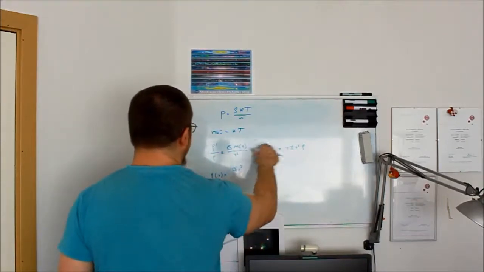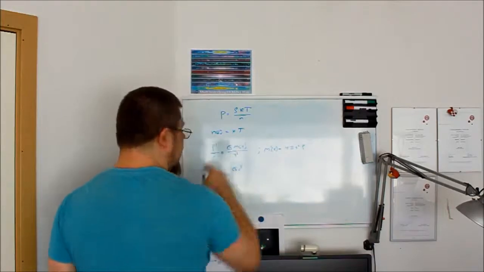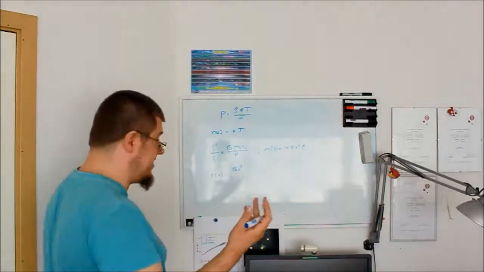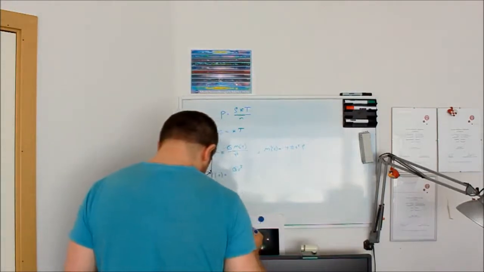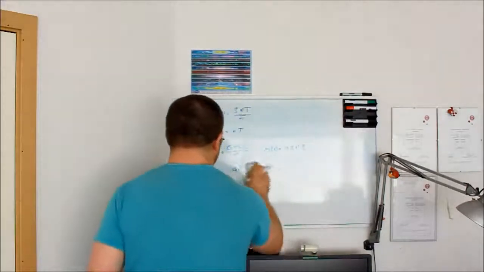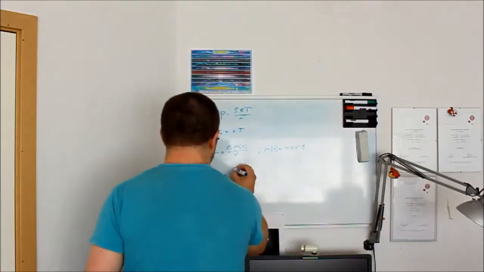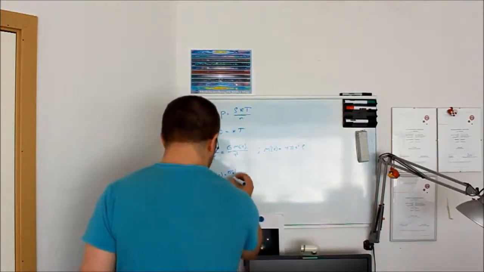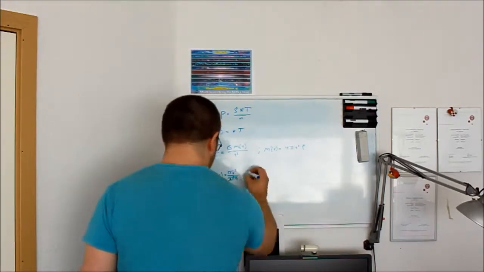This sigma here is the velocity dispersion of the galaxy, that is the velocity dispersion of the stars in the galaxy. Squared, sorry, it shouldn't look like a G. So sigma v squared divided by 2 pi G, 1 over R squared.